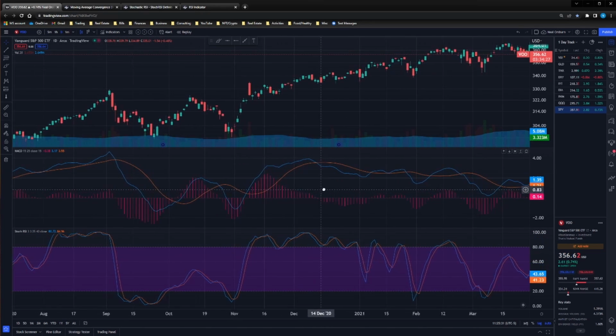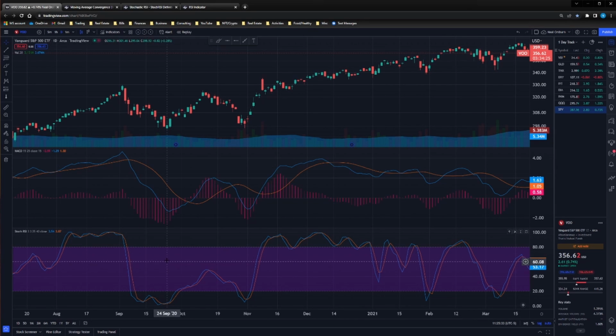So where the stochastic RSI comes into this is, anytime I have the stochastics readings get down to the oversold area, I know that that's going to be a buying zone. So we have a trending bullish, and anytime we get a spike down to the oversold, that's going to be a buy zone to me.